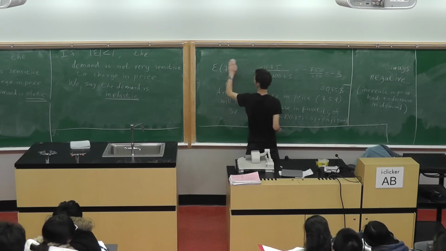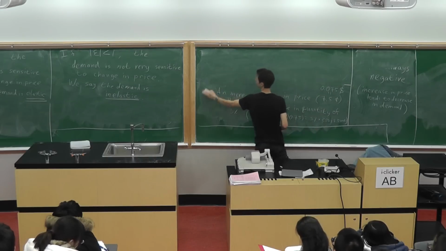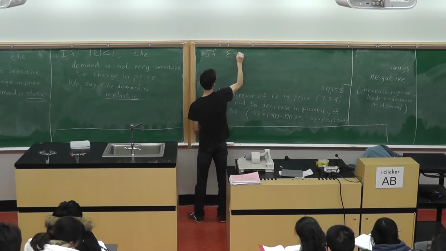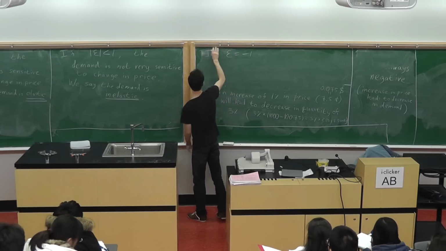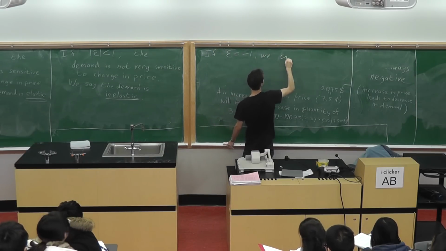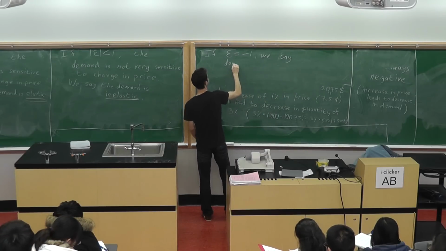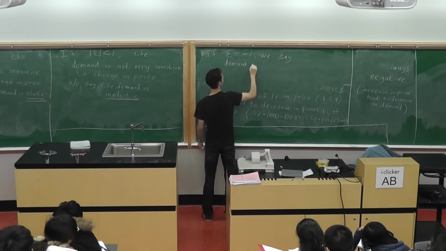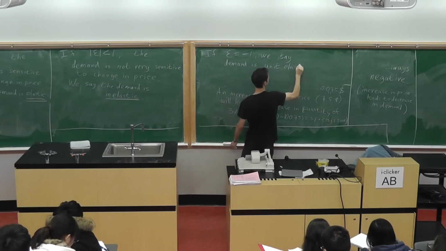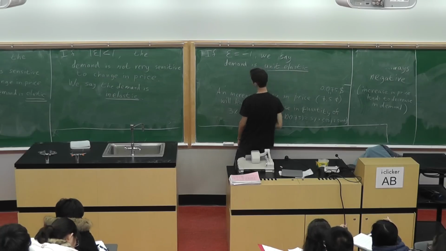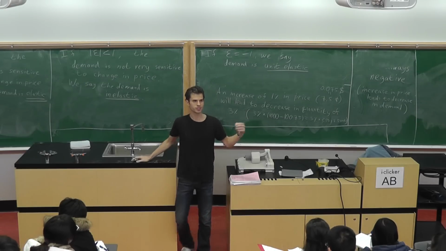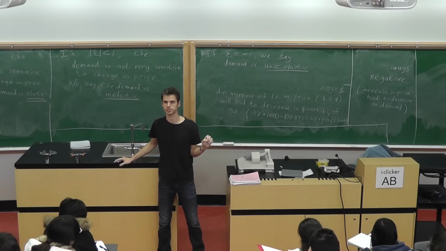And finally, we also have a name for something in between. If epsilon is exactly -1, we say demand is unit elastic. So in this situation, a 1% increase in price gets reflected in a 1% decrease in quantity.